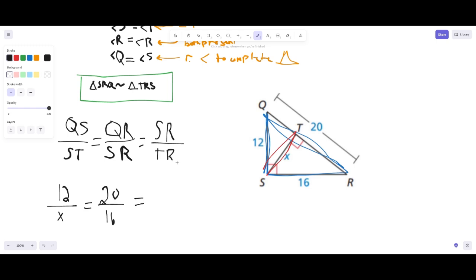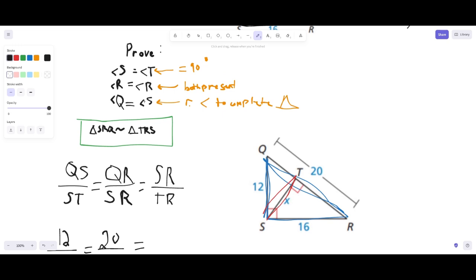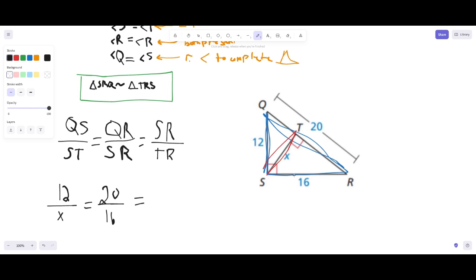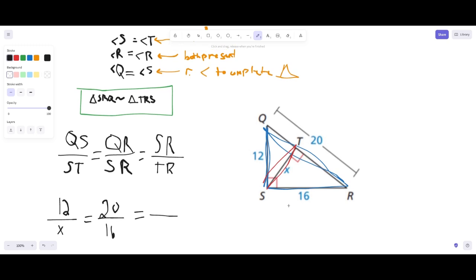And that's going to equal SR, I apologize, QR. Yeah, sorry, that makes sense because this value is shared with both of the triangles. Sorry, I got a little confused for a second. Okay, now the SR again, that's just going to be 16, and the TR is going to be 20.